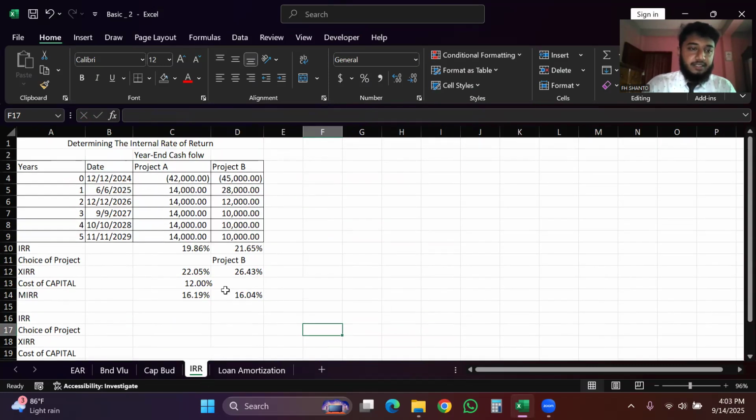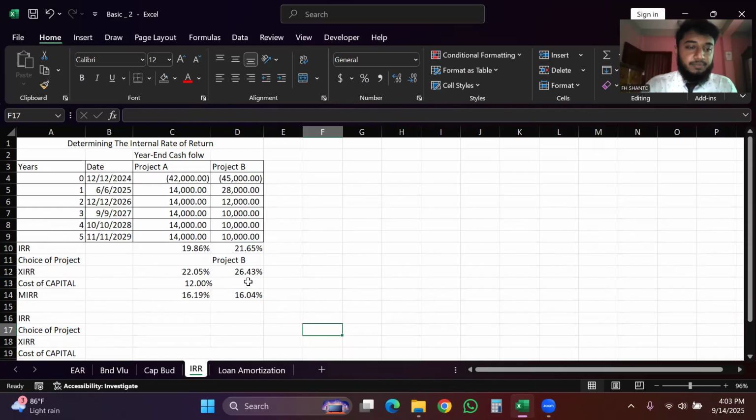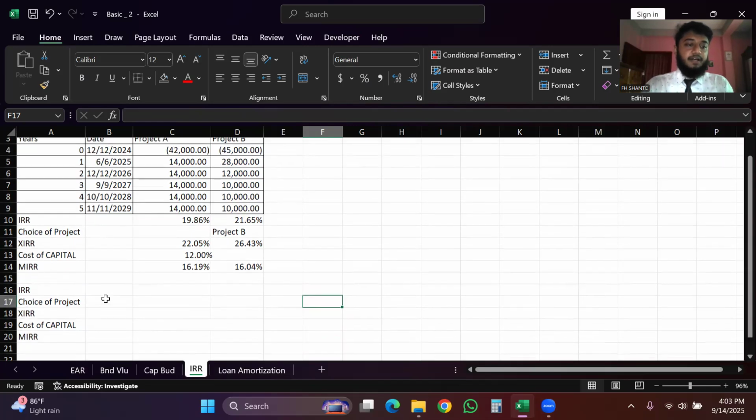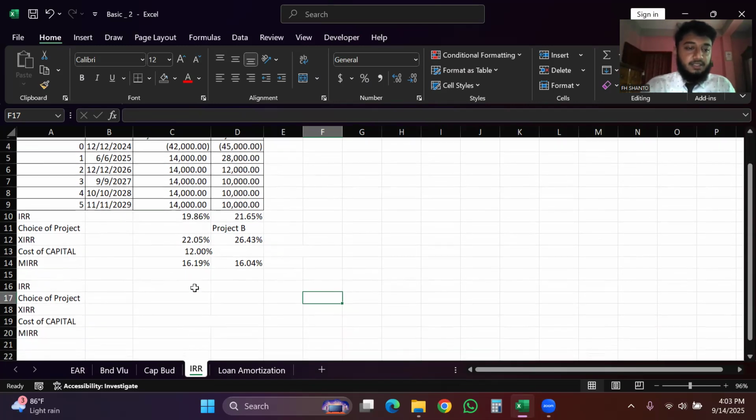Here you can see 2 projects are given, and we have to find out which project can be chosen, the choice of project, XIRR, cost of capital, and MIRR. The process of this 2 project calculation of IRR is very easy.